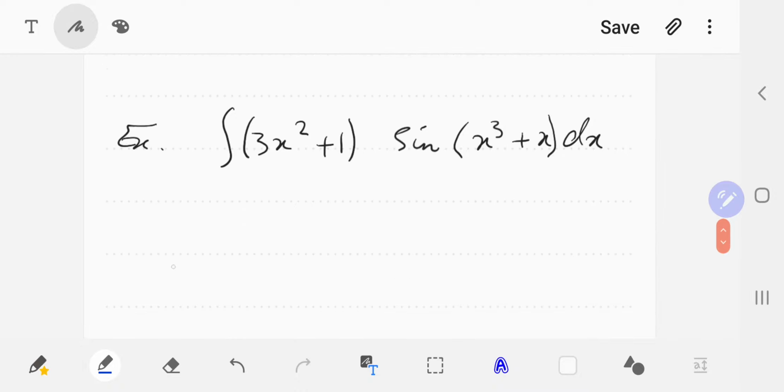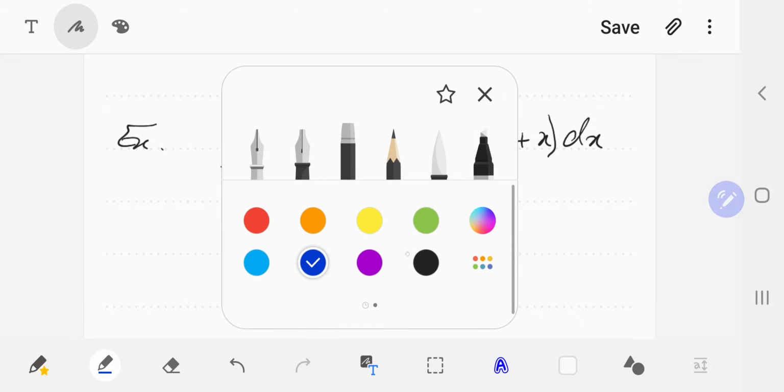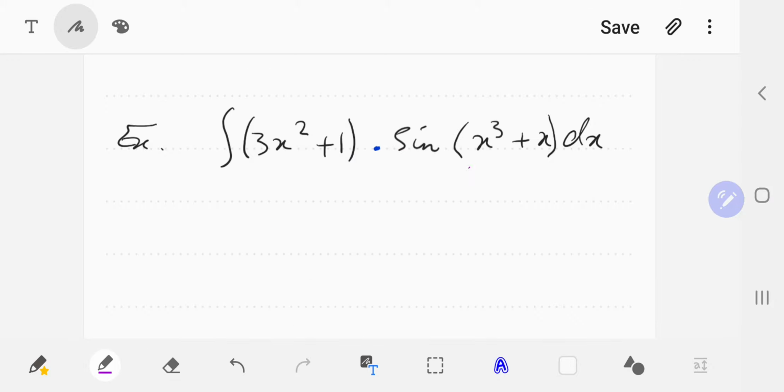Okay, how was that? I believe that was easy. Now, what about this one? 3x squared plus 1 times sine x cubed plus x dx. Again, that's multiplication, not simple multiplication. So what am I going to do here? I have to choose u again, and u should be the angle of trigonometric.